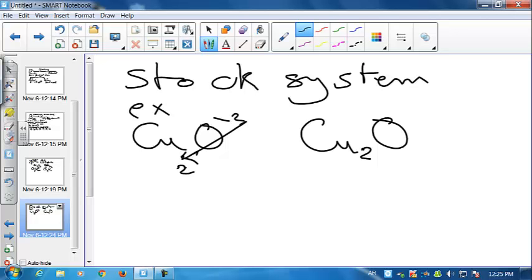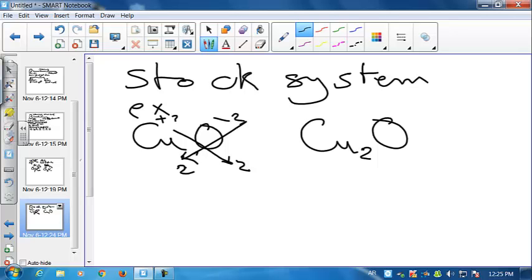But in Cu2O, we don't see a subscript, meaning it's 1 and 1. This means that there must be a 2 here, and the copper here is positive 2, right?